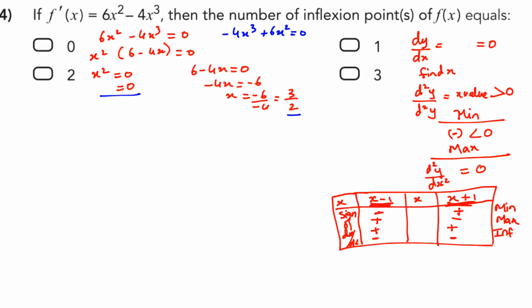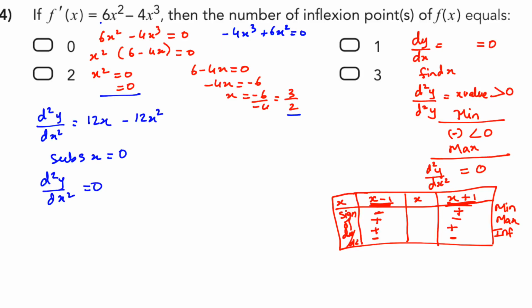X is 0 and x is equal to 3 over 2. Now we will double differentiate. So when you double differentiate this, it will become 6 multiplied by 2, 12x, and negative 4 multiplied by 3, negative 12x square. Substitute x is equal to 0. When you do so, your d2y over dx2 is equal to 0.